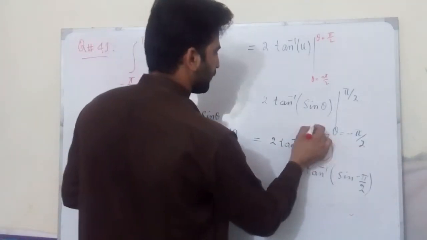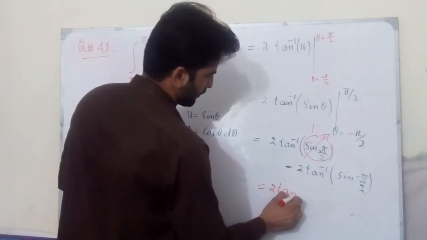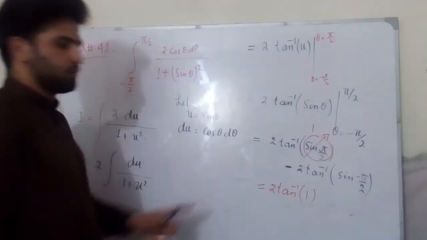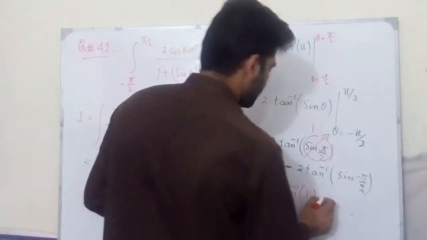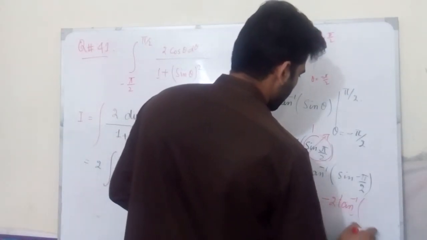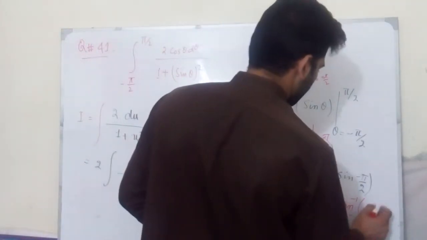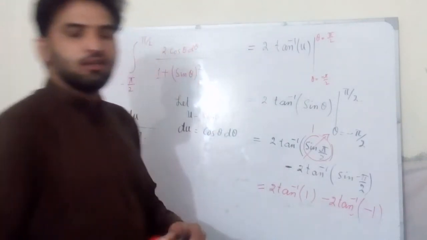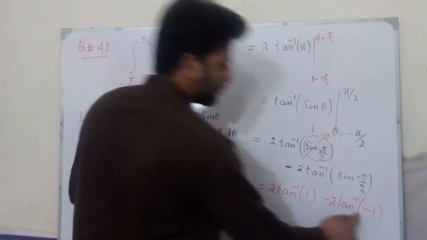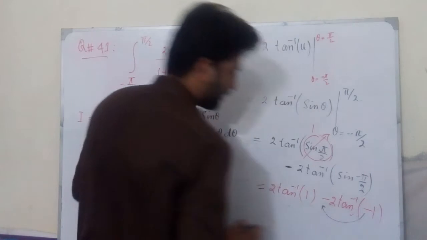So this is 2 tangent inverse of 1 minus 2 tangent inverse of sine of minus pi by 2, which is minus 1. Tan inverse of minus theta is minus tan inverse theta, so minus into minus is plus.